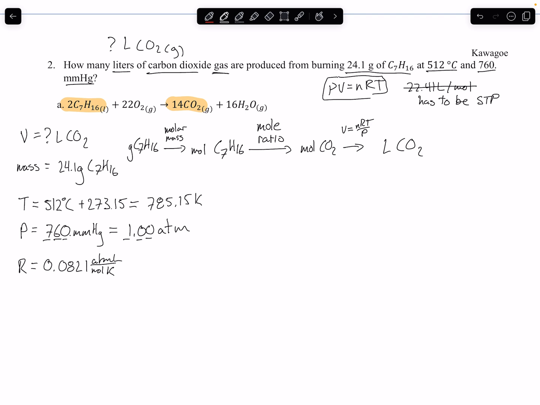Since that's not my starting number, where I'm getting my sig figs from is the 3 sig figs, so it's going to be 1.00 ATM.